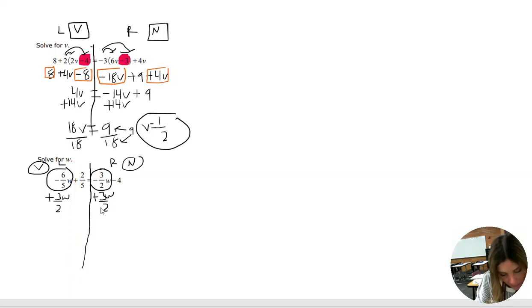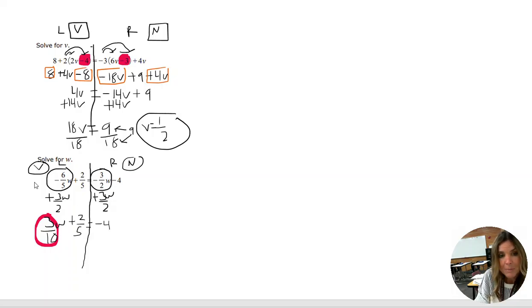Okay, so when I put in the -6/5 plus 3/2, I get 3/10 times w. Okay, this is the coefficient. This fraction is being multiplied by the w. And then I still have a positive 2/5 equal to a -4.